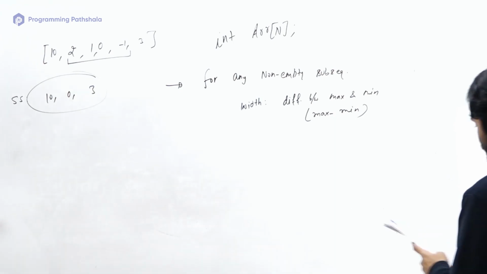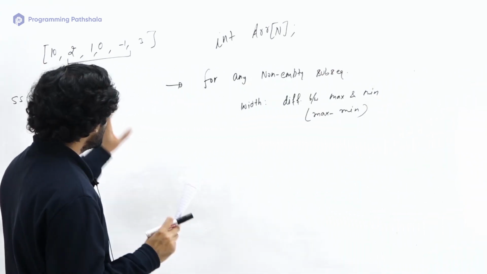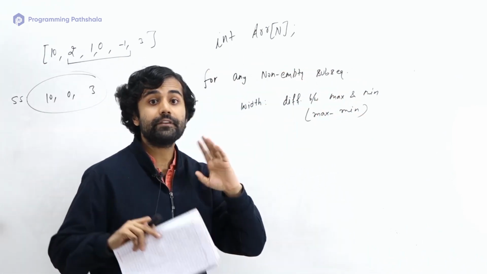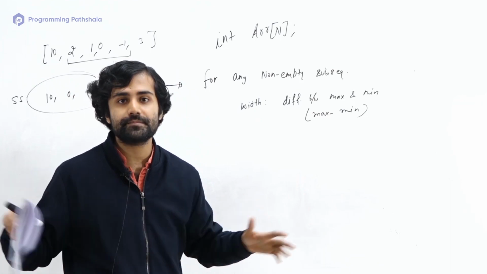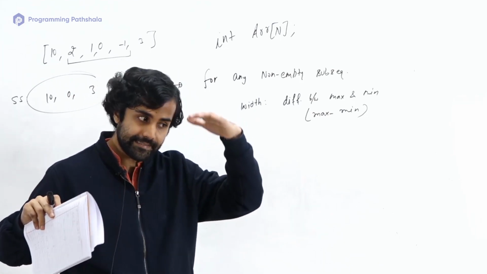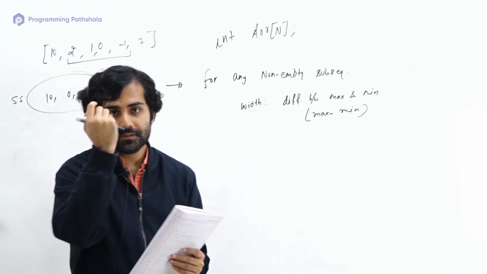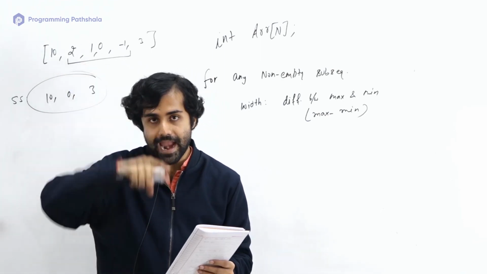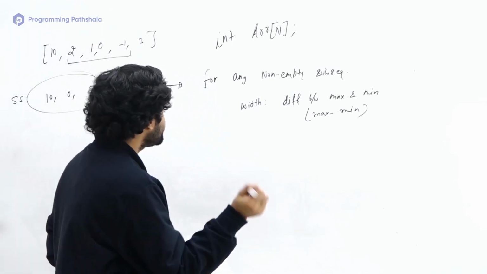Now let's talk about the actual question. Every one of us knows what a subsequence is, and that there can be multiple subsequences. Now for each of those non-empty subsequences, you determine their widths, you add those widths, and whatever you get is supposed to be your answer.